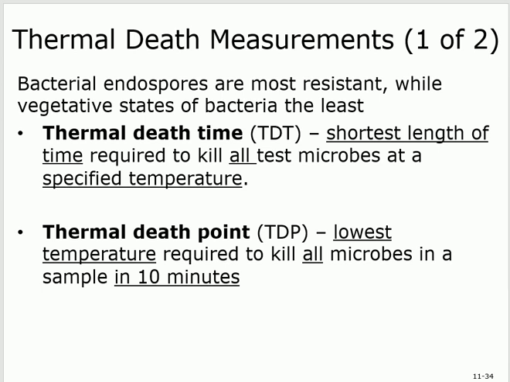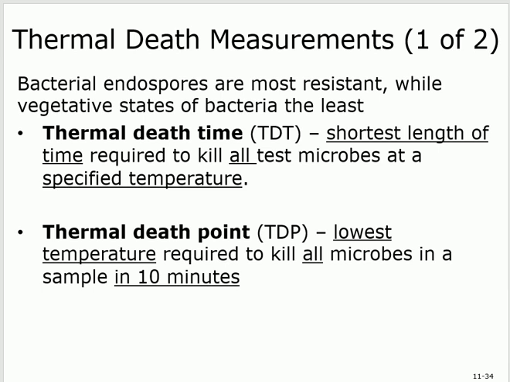Thermal means heat or temperature. So thermal death time is the time that you need for death at a certain temperature. So just read it. Thermal death time: the time that's needed for death under a specific temperature.